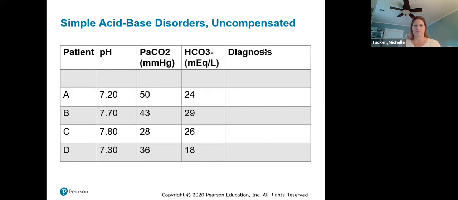And then you'll have one patient that has an uncompensated one. And in the question, it does tell you that it is a simple acid base uncompensated. So you'll see these again. This is also what you do in lab this week. So I like it when they overlap. But that is all for new material for exam 3.